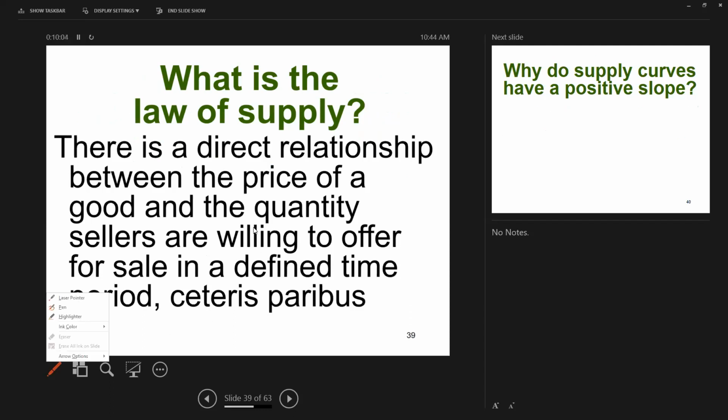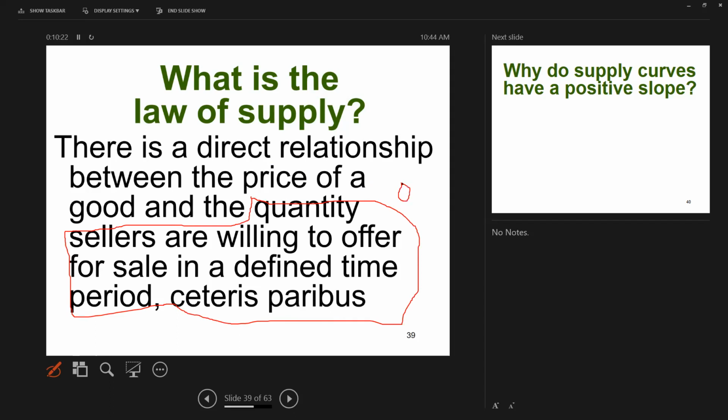Okay. Now, a key thing to note here is that we're talking about the price of a good and this whole thing here we call quantity supplied, and we abbreviate that Q sub S, quantity supplied.